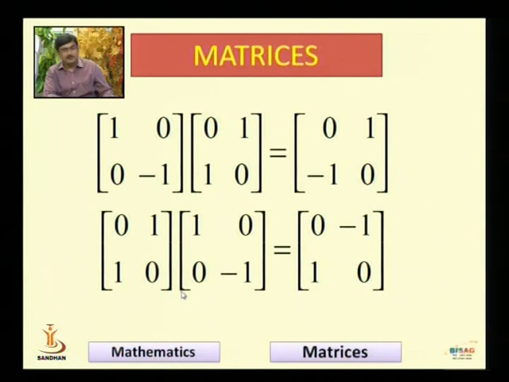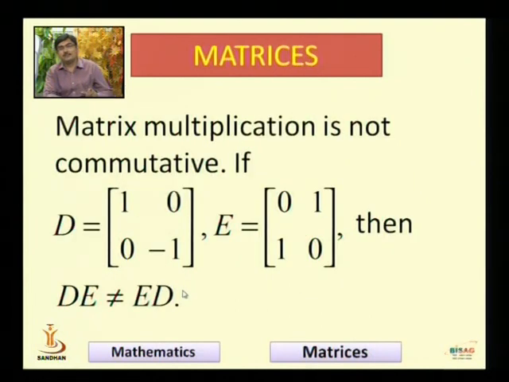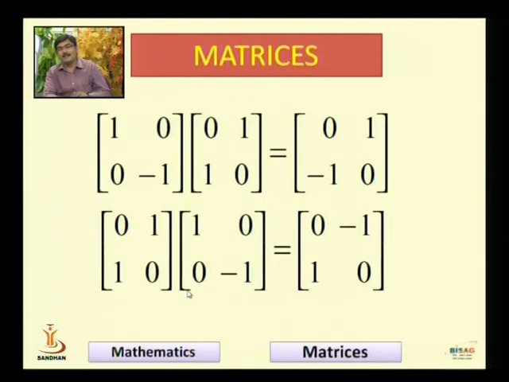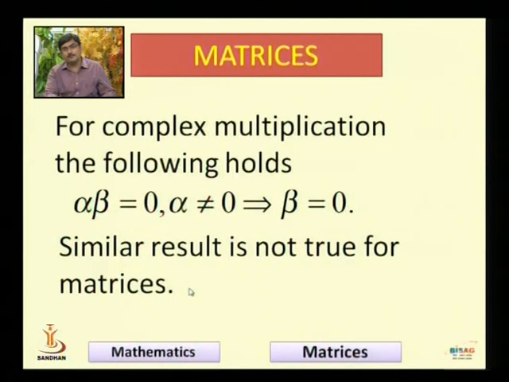That's why we have this fact that DE is not equal to ED. So from here we are now content that since this is true for a 2 cross 2 matrix, we cannot say that matrix multiplication, wherever possible, is commutative.